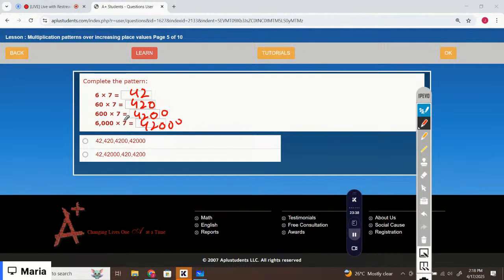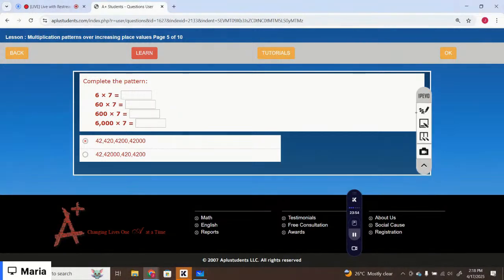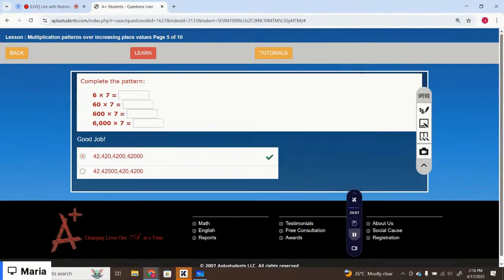So option number 1 is the correct option. That is 42, 420, 4,200, and 42,000. Option number 1 is the correct option.